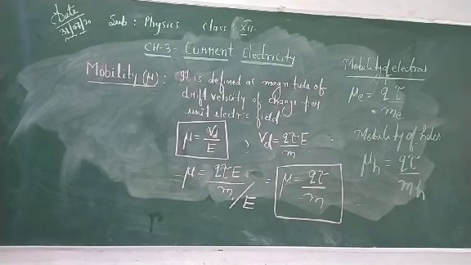When we talk about the mobility of holes, that is mu H. Mu H means mobility of holes equal to Q multiplied by relaxation time divided by mH, where mH is the mass of the hole.